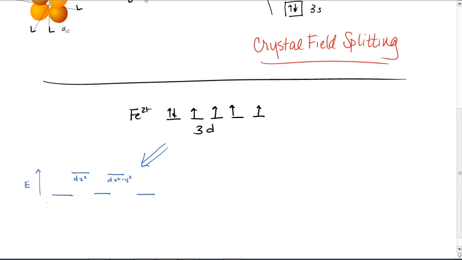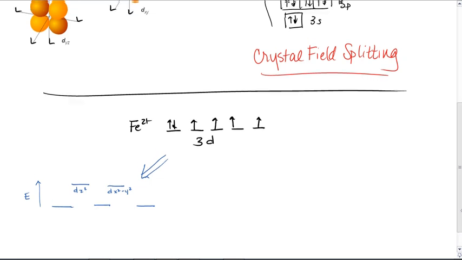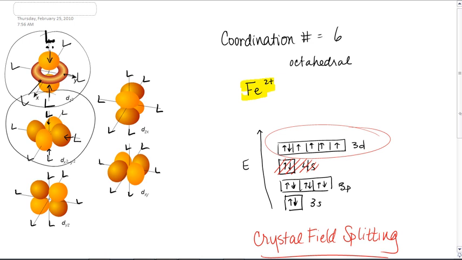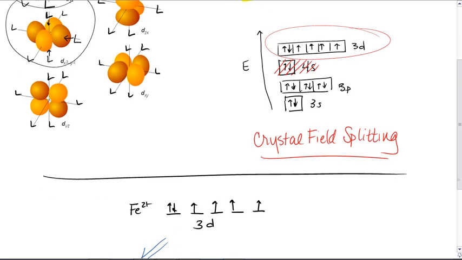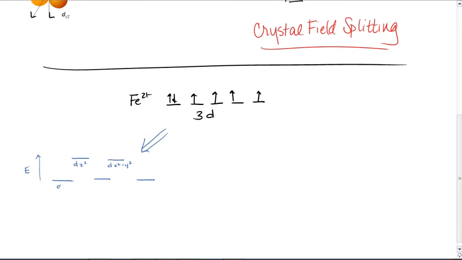I don't care that you know the labels of those. But if I scroll back up here and I look, here's my dz squared, which is one of the ones with repulsion, and the other one I circled, dx squared minus y squared, is the other one that has repulsion. And so those end up at a little higher energy. And then the other ones, dxy, dyz, dxz, are still at a lower energy.